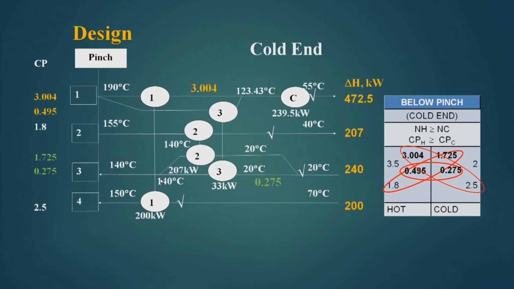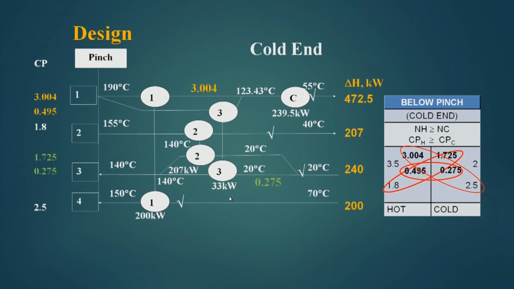This is 140 degree centigrade, cools down to 20 degree centigrade when I pass 33 kilowatt of energy, and this from 140 degree centigrade to 20 degree centigrade it cools off when it passes 207 kilowatt of energy.